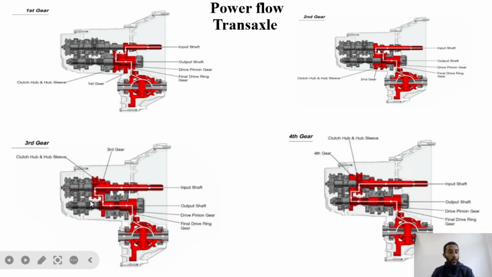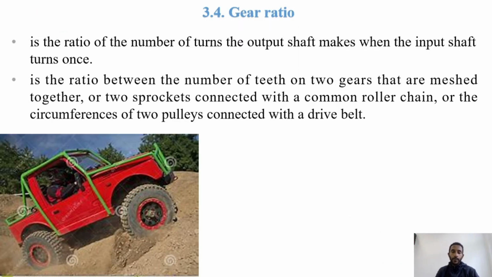They are parallel to each other, so we cannot make a straight line in both parts. To make direct drive, what they use is the same number of teeth on the gears. If this gear and this gear have the same number of teeth, we can simply obtain direct drive in transaxle operation.